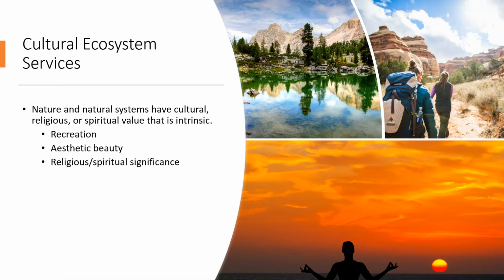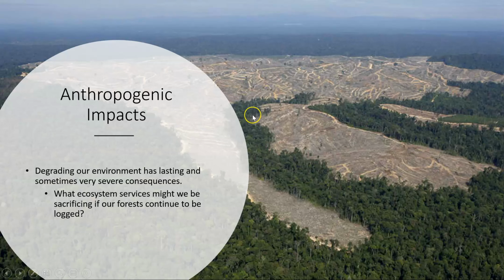These are things that systems do by virtue of being what they are, that we directly benefit from, either through provisioning, regulating, or supporting services, or that we benefit from more culturally or spiritually through those cultural ecosystem services. So we're going to close this note session off talking about anthropogenic impact.